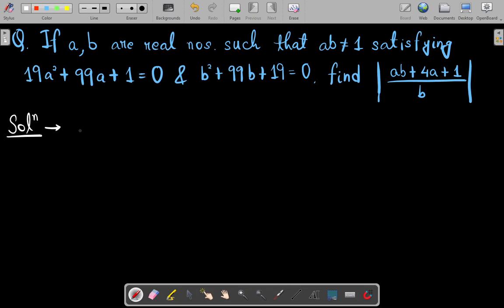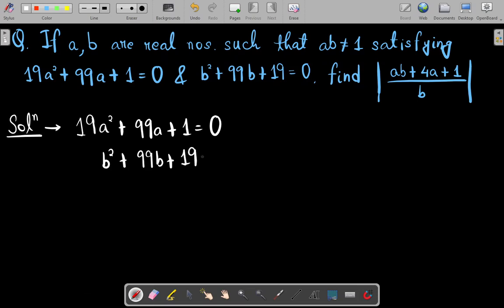We are given two quadratic equations. First is 19a² + 99a + 1 = 0, and the other is b² + 99b + 19 = 0. We are given that a, b are real numbers and ab is not equal to 1.